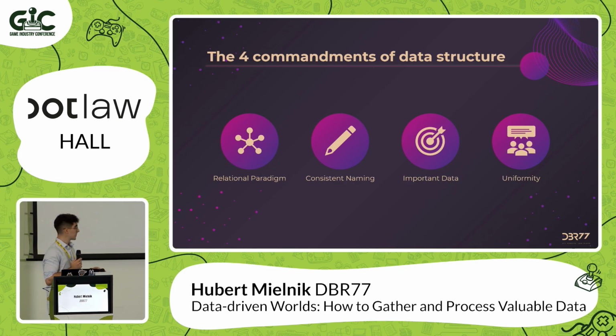Then important data. That's a very important part here, and I cannot exactly tell you how to do it properly because it's going to vary from game to game. But you want to really think about which parts of your data that you gather are important and which are not. In some cases, you might not need specific data because it's already somehow shown in another table.